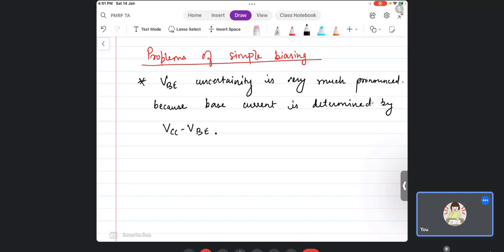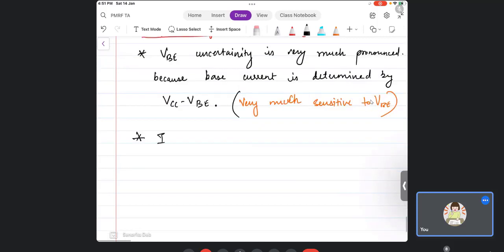Now the other is, this is very much sensitive to VBE. Okay. Who is very much sensitive to VBE? The simple bias circuit. Now the other sensitivity is that IC heavily depends on beta.